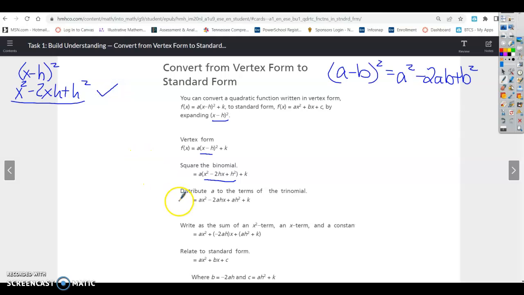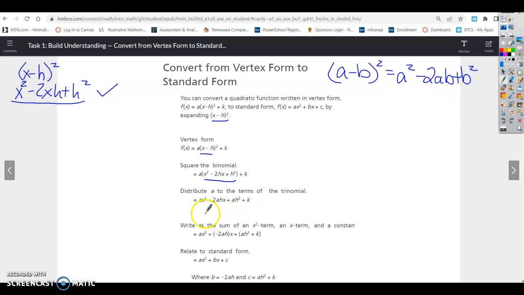All right, so it says distribute a. Because we had a times this binomial squared, we still have to multiply this binomial by a. So remember, multiplying polynomials, when this is in parentheses, you have to multiply a by each term. So you're going to multiply it by the first, second, and third term here. And that's where they get the line right underneath.